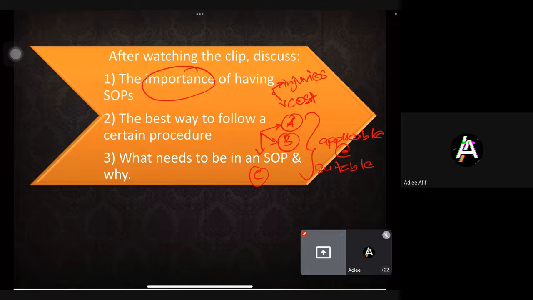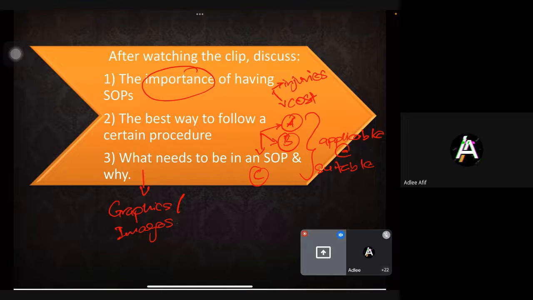And then number three, what needs to be in an SOP and why? For example, if you are talking about 2021, people normally go for graphics or images.